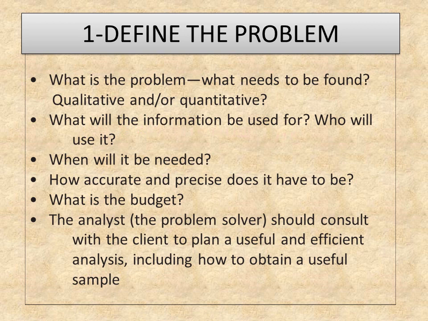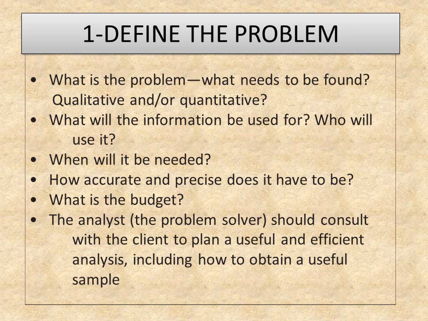For what purpose is the information going to be used, and who is going to use this information? Then, when will it be needed? At what stage is the information required? Then, how accurate and precise does it have to be? How accurate or precise the information should be.